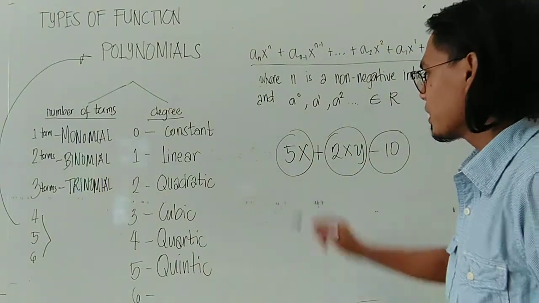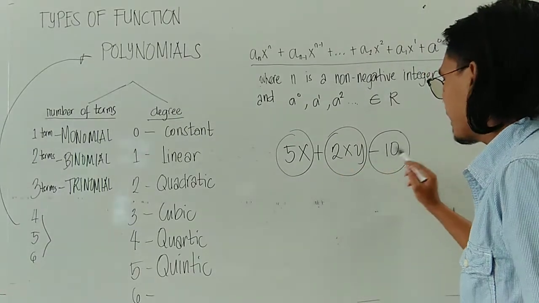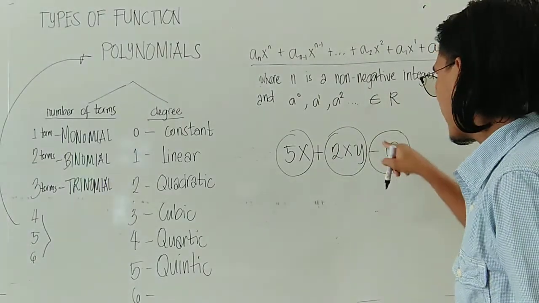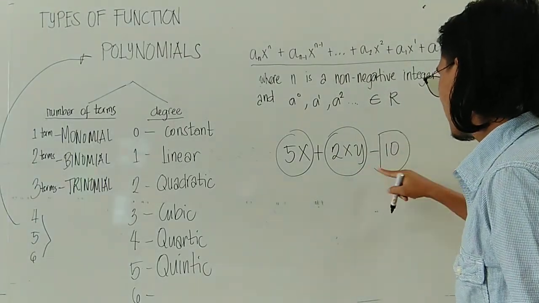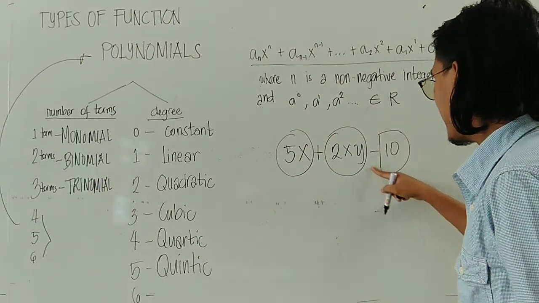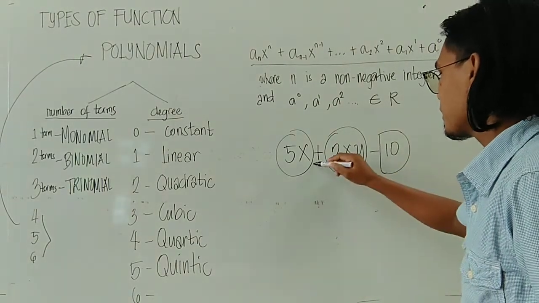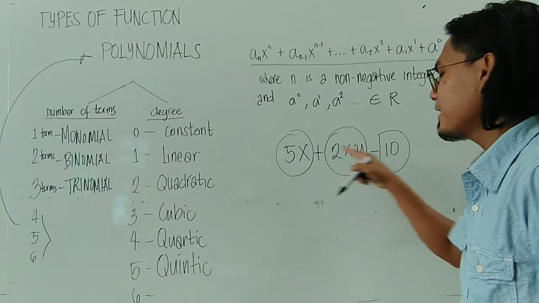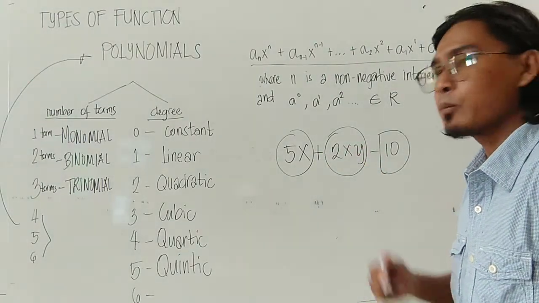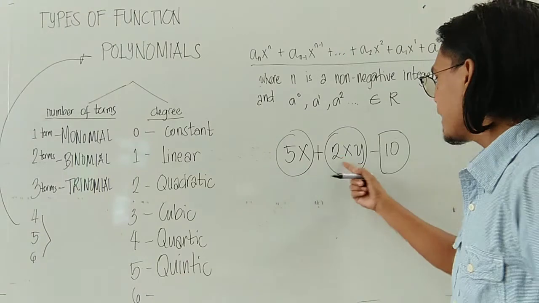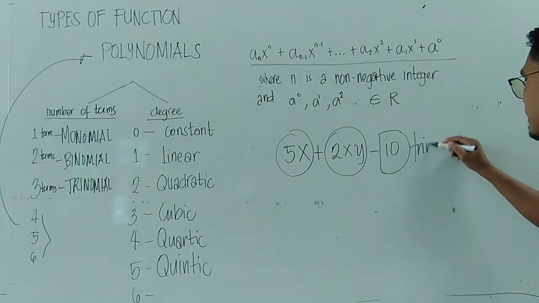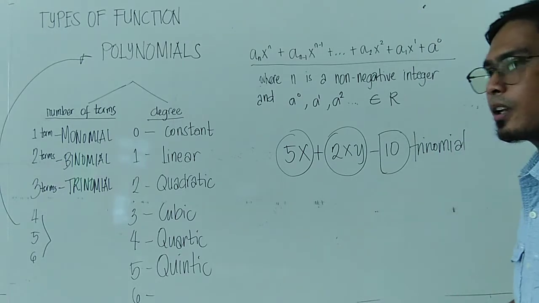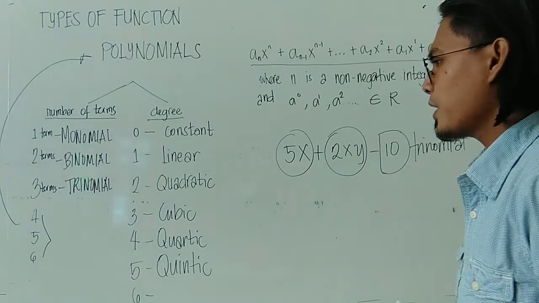We have 5x, 2xy, and negative 10. The terms are separated by the plus and minus symbols or operations. That is how we count the number of terms. So this example is called a trinomial. I hope it is clear for the trinomial. Three terms, trinomial.